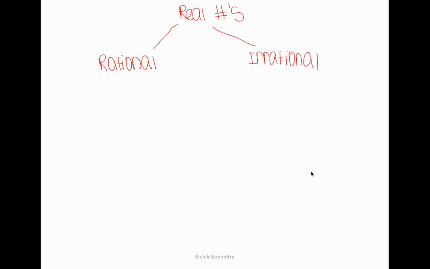So we've got real numbers, and that's split up into rational or irrational. So rational can be written as a fraction.